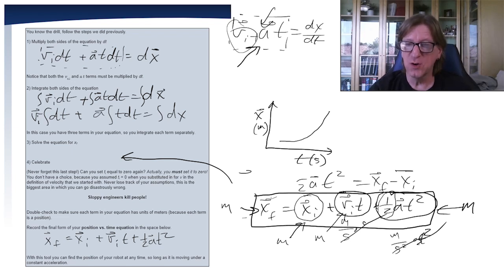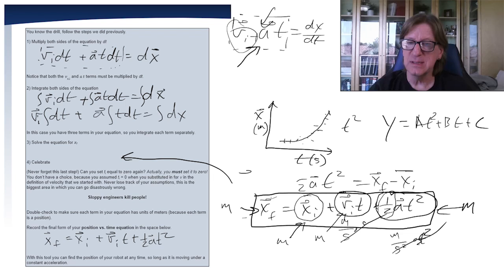Well, this curve is a quadratic curve. That means it depends upon t squared. So if you took a bunch of data, and you had Excel or data graphing software fit a curve to that, it's going to have the form of y equals at squared plus bt plus c.